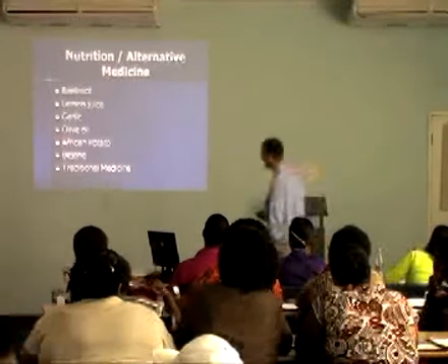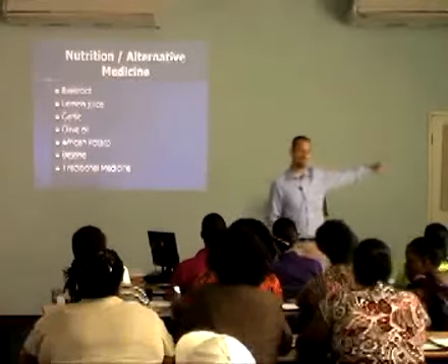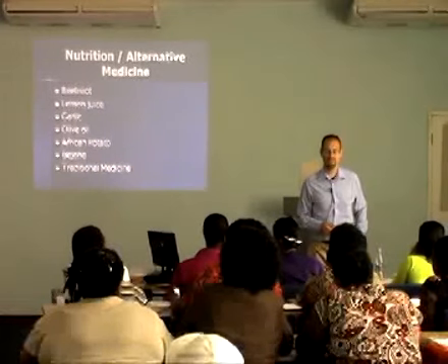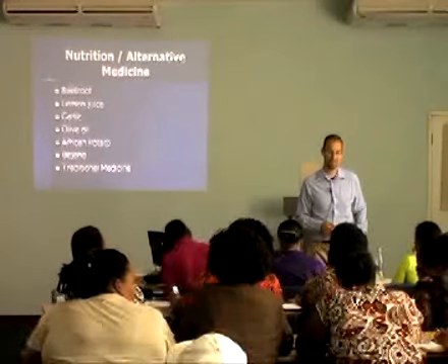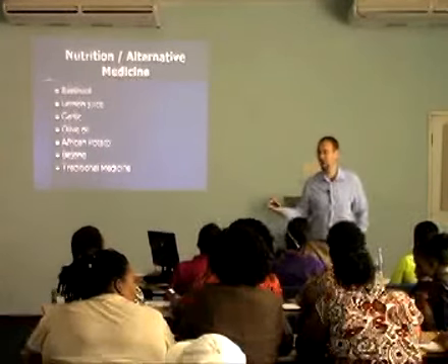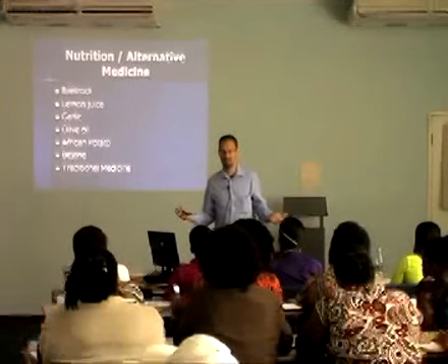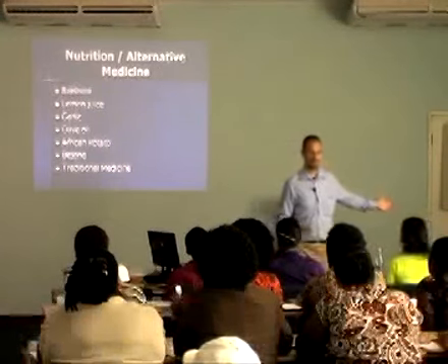And that includes traditional medicines. You go to the Muti market and they can sell you all sorts of things for HIV, but they don't work. And you say, well, how is that possible? How can they sell you this if it doesn't work?